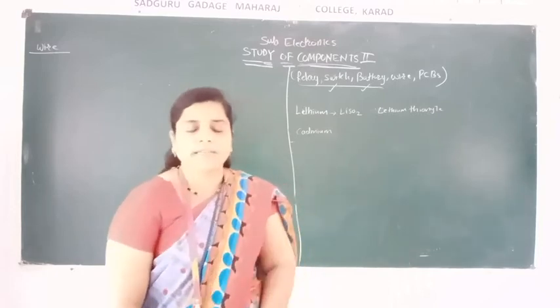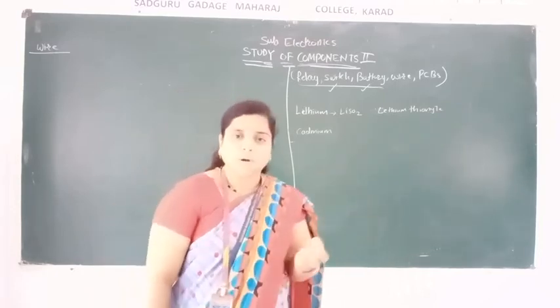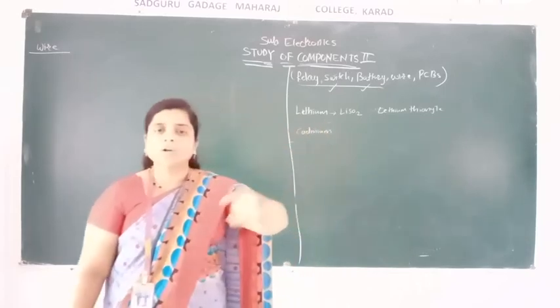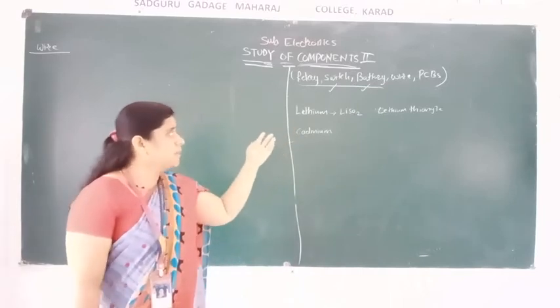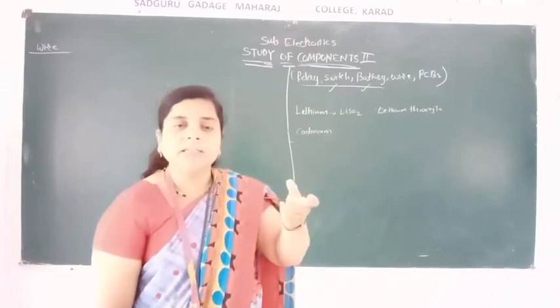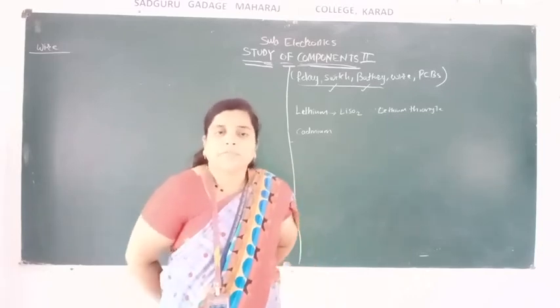Lithium sulfur dioxide gives an output voltage of about 2.9, and lithium thionyl chloride gives 3. I have mentioned all those points when I explained lithium. We have seen the diagram also. These are disc type, or round in shape.